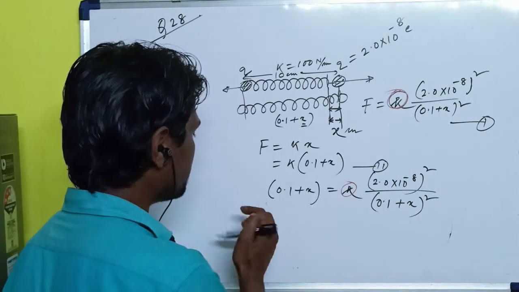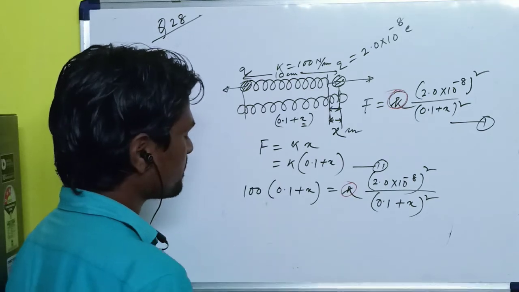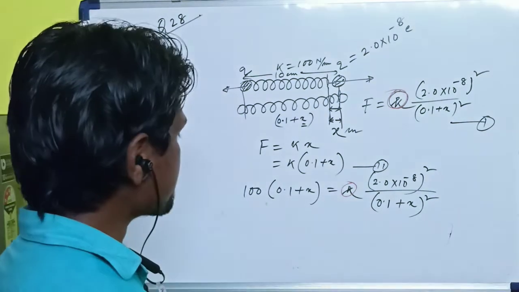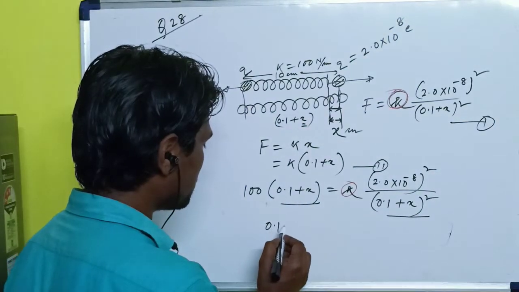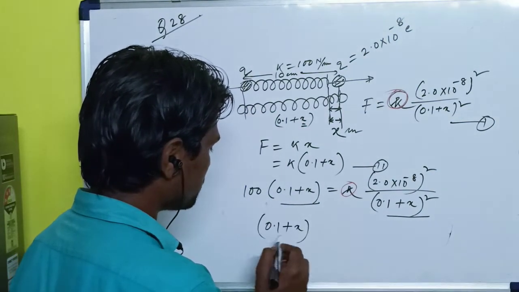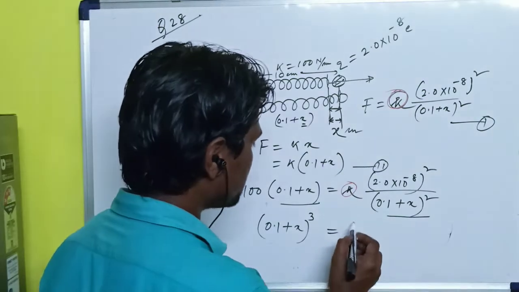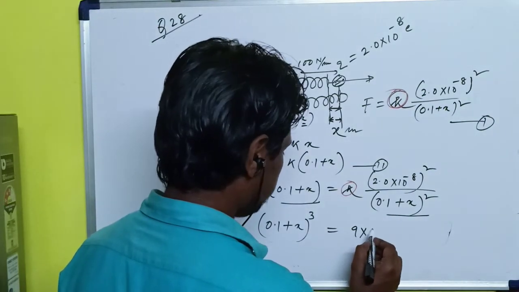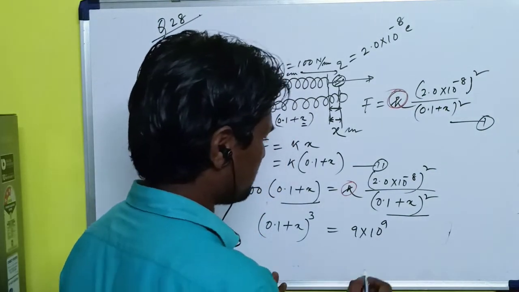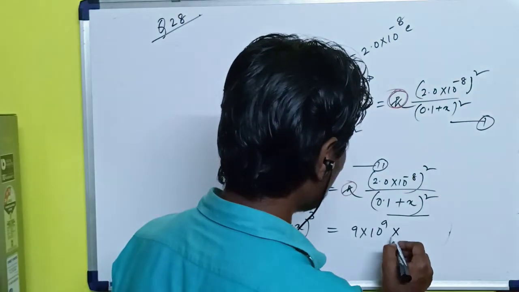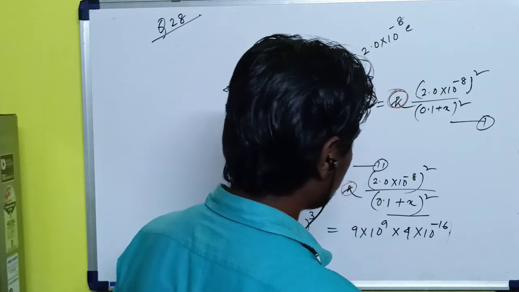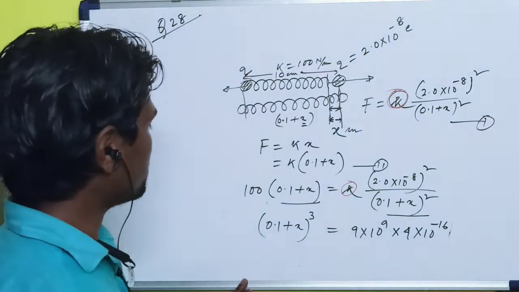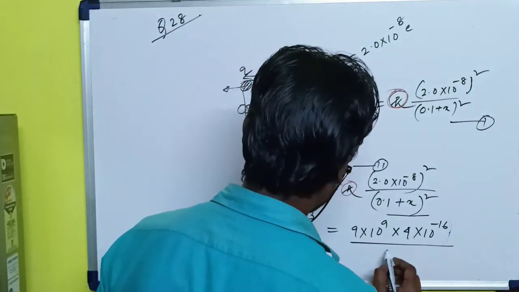So we can write here 100. Yes, this and this one are equal. So 0.1 plus x whole cube is equal to 9 into 10 to the power 9 into 2 to the 4 into 10 to the power 16 divided by 100.